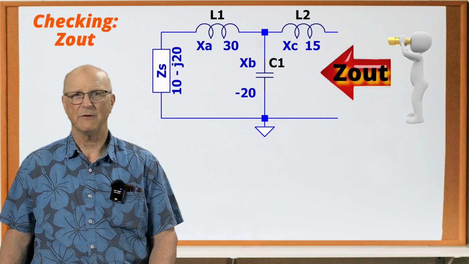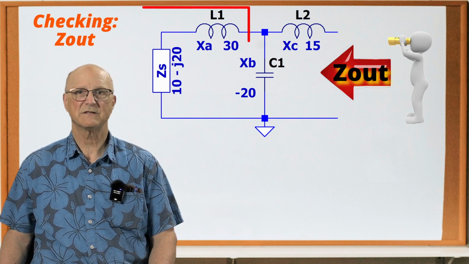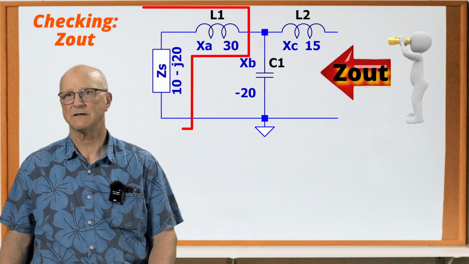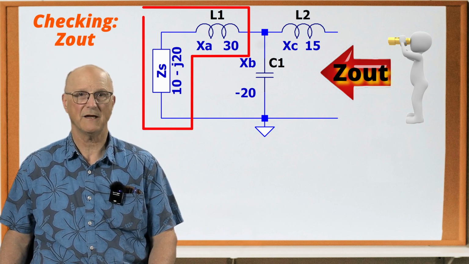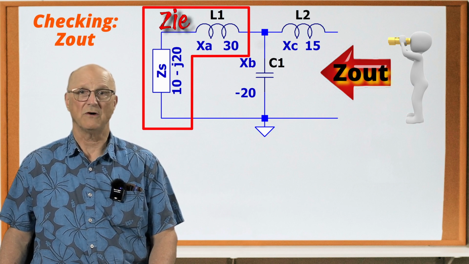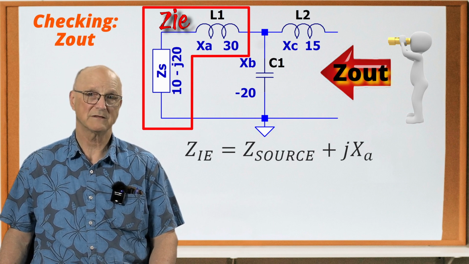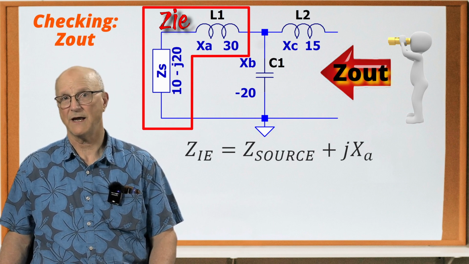So what's the first thing that we see? I see that the source impedance is in series with the inductive reactance of L1, which is XA. I'm going to call this ZIE. So we have that ZIE is equal to the source impedance plus jXA.